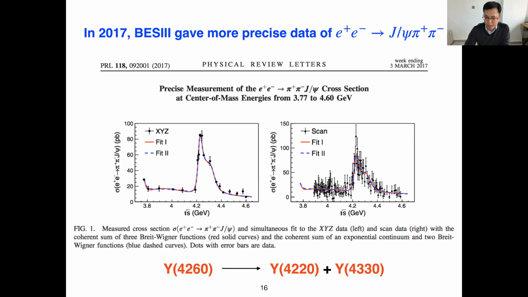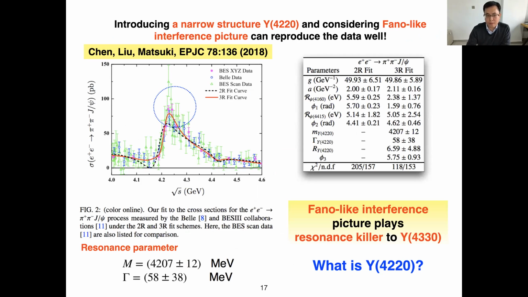To explain this new data, we restarted this process by introducing a new structure Y(4220) and considering the Fano-like interference picture. You can notice that if we did not introduce the new structure like the Y(4220), we cannot describe the experimental data around 4.2 GeV.